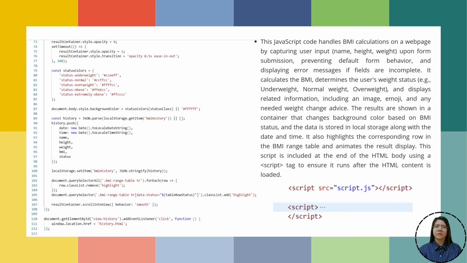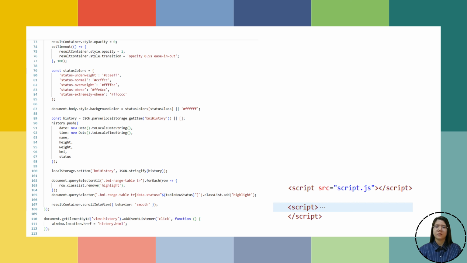The results are shown in a container that changes background color based on BMI status, and the data is stored in local storage along with the date and time. It also highlights the corresponding row in the BMI range table and animates the result display. This script is included at the end of the HTML body using a script tag to ensure it runs after the HTML content is loaded.